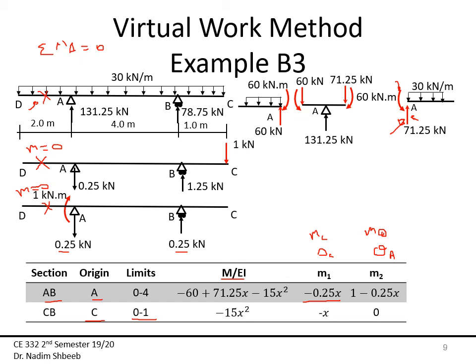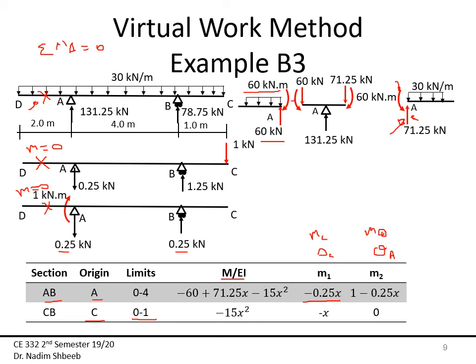Now just before A, I know that my moment is going to be 30 times 2 times 1, hence 60 kilonewton meters. And if I do summation of Fy equal to 0, then this is going to be 30 times 2, hence this is the 60. Right, so I have these moment. Now I go to the support A. Now this has to be equal and opposite.